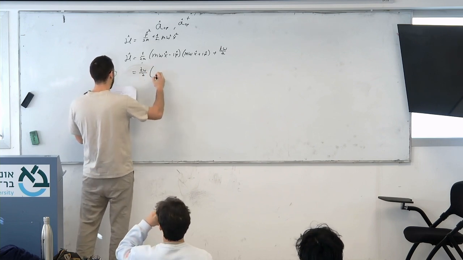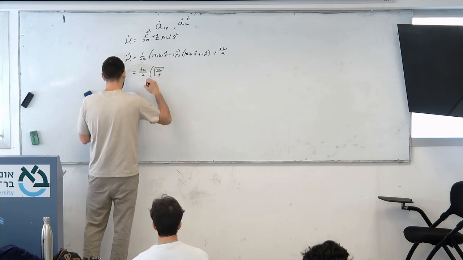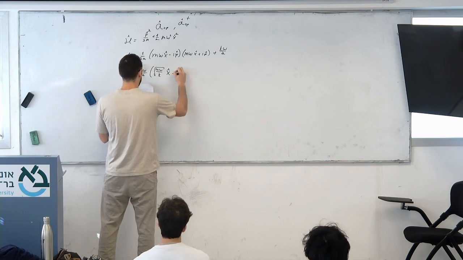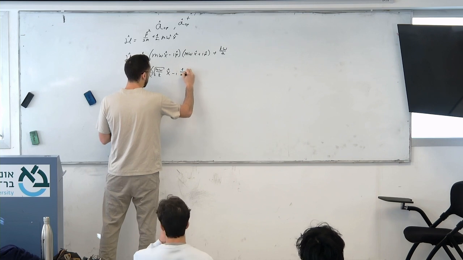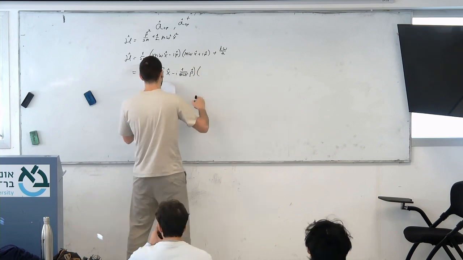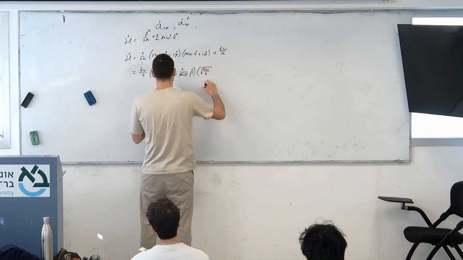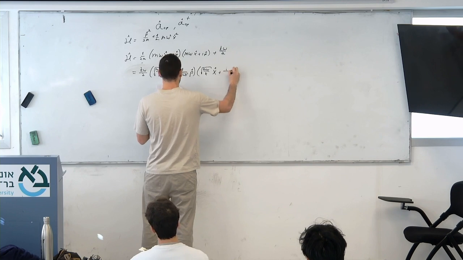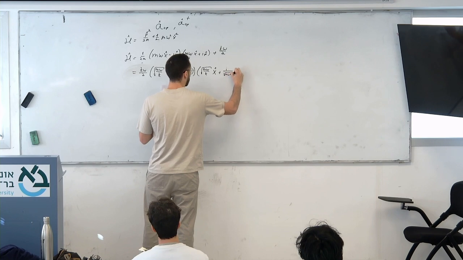And then I'm left with square root of m omega over h bar times x operator, minus i times 1 over square root of m omega h bar times p operator, times square root of m omega over h bar x operator plus i over square root of m omega h bar p operator.